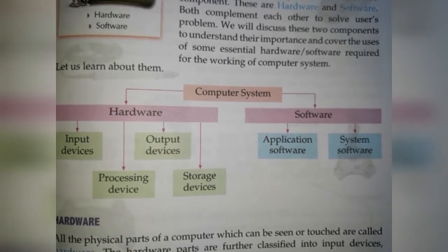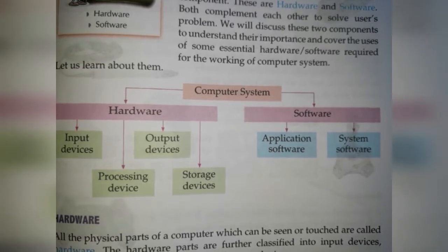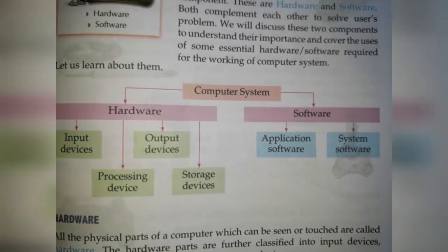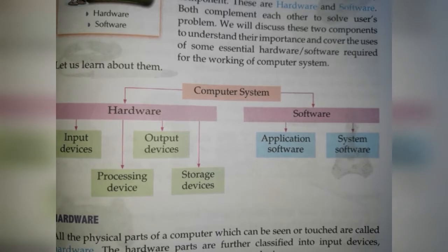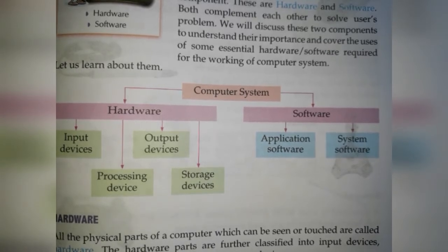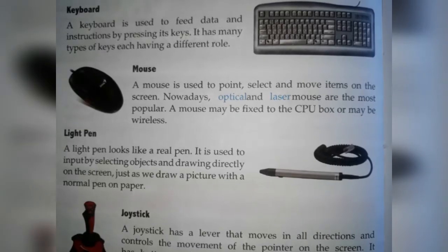Output devices are the devices which display our result, whatever the computer has calculated based upon our instructions. So input devices are used for giving the instructions and output devices are used for displaying the result whatever the computer calculated. These things we see in our lab as the input devices attached to our computer.